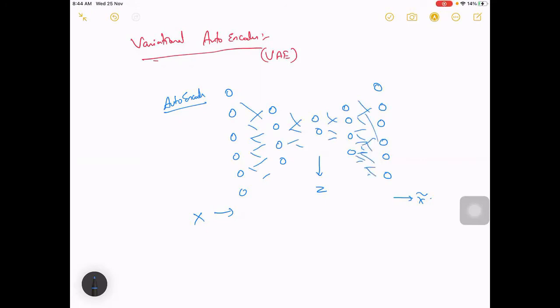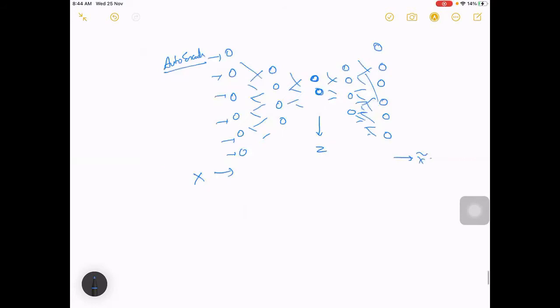Indirectly, it tries to learn the features from it, and it tries to learn the distribution of your training data. But here these are the values. Let me give an example.